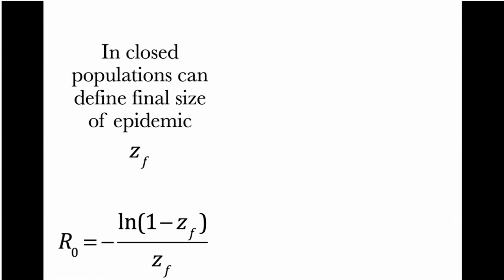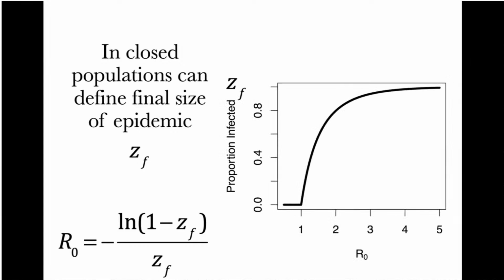So if you have R naught of final sizes, you're able to read off. So this function plotted over a series of R naught will take this form.